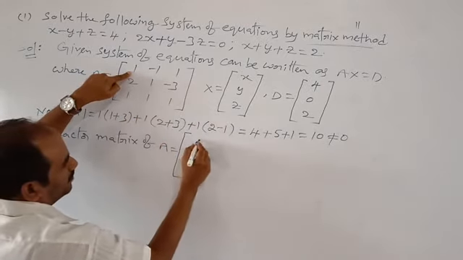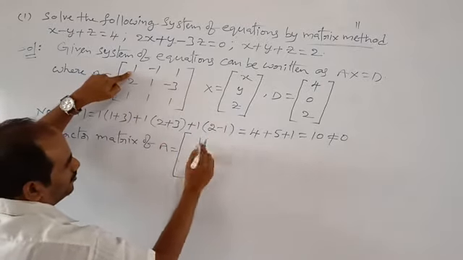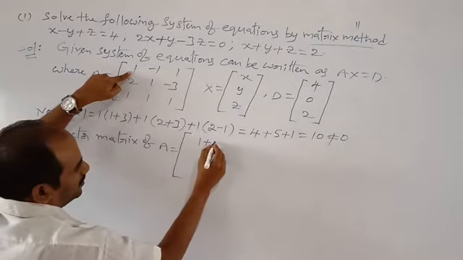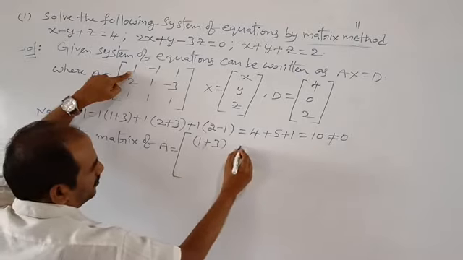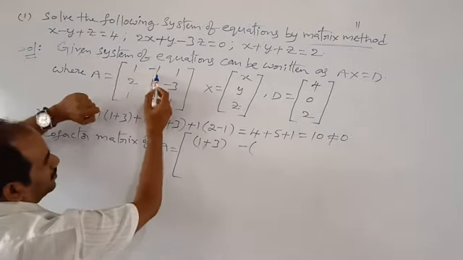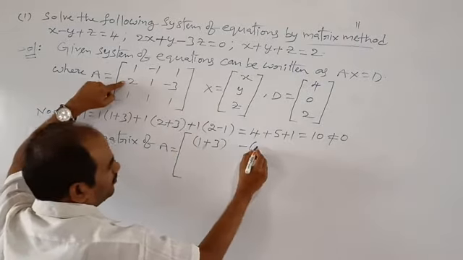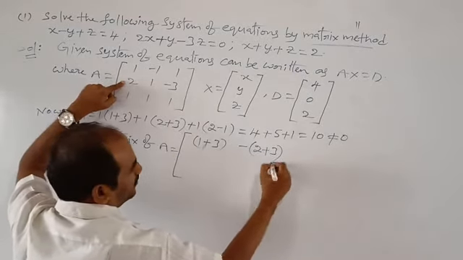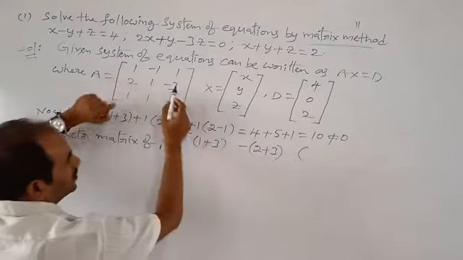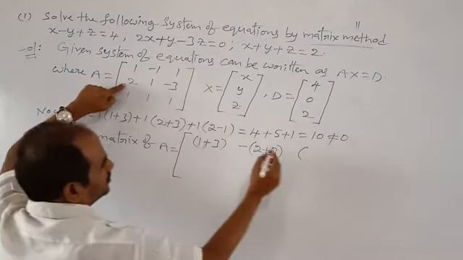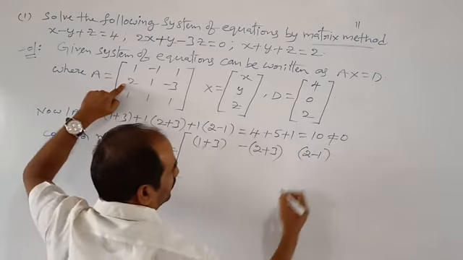AD value is 1, AD minus BC, minus plus 3, 1 plus 3. Next, minus of this element's cofactor: delete this row and this column, then AD minus BC. AD value is 2 minus, plus 3. The next element is plus: this element's cofactor, delete this row and this column, then AD minus BC, that is 2 minus 1.